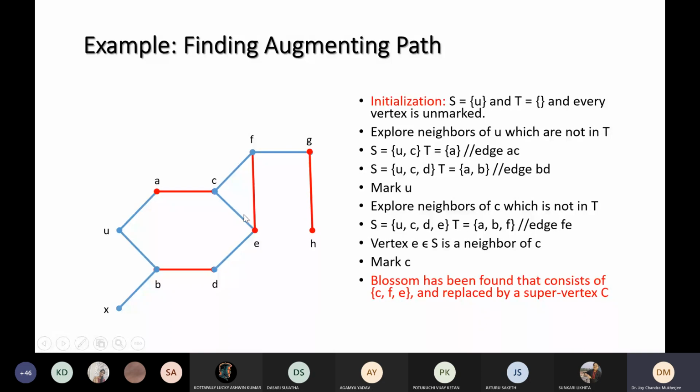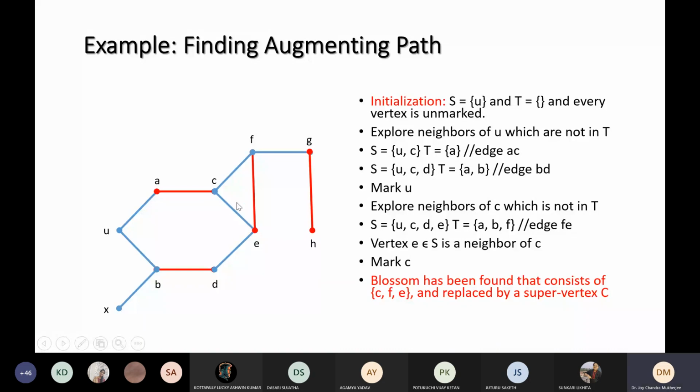So what does Edmonds do? He will replace these three vertices by a super vertex which is called capital C. In the next page you see that these three vertices will vanish. Instead of them there is a big vertex out here which is called a super vertex.